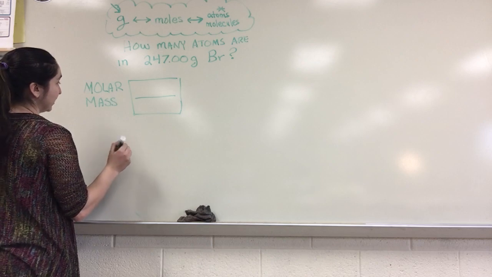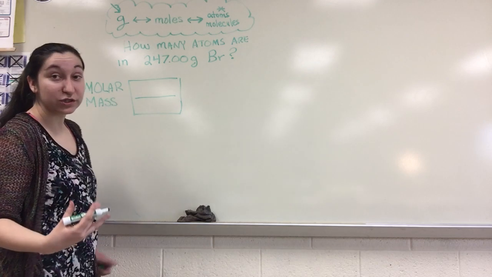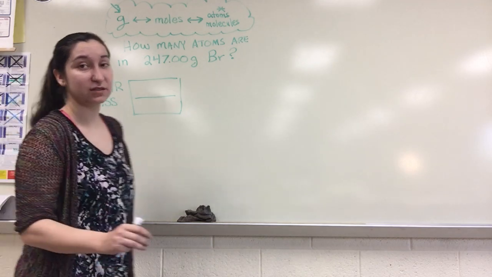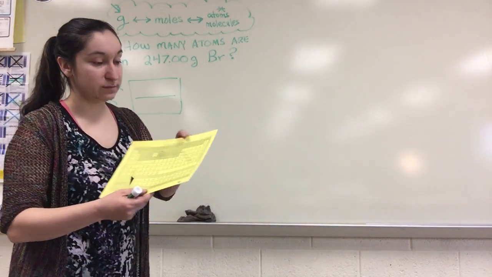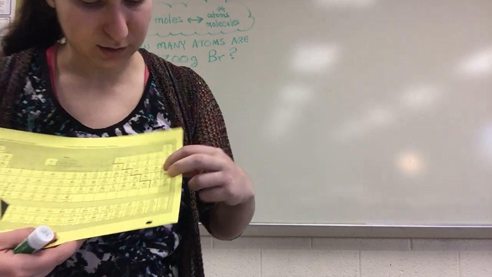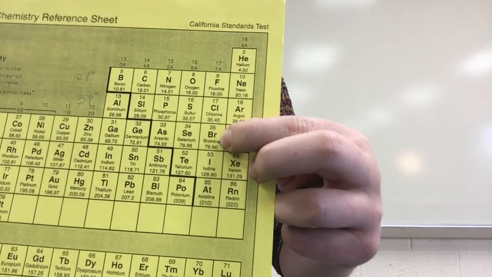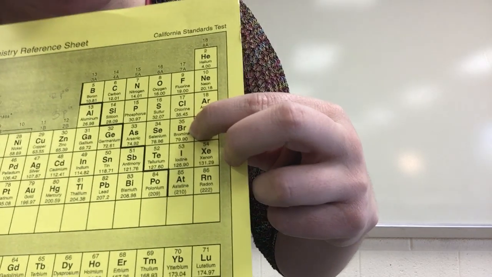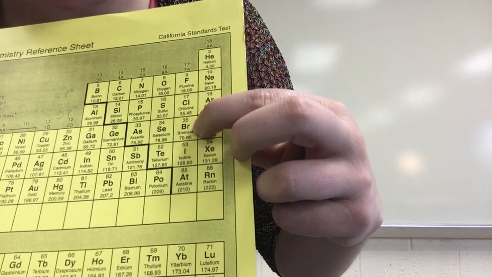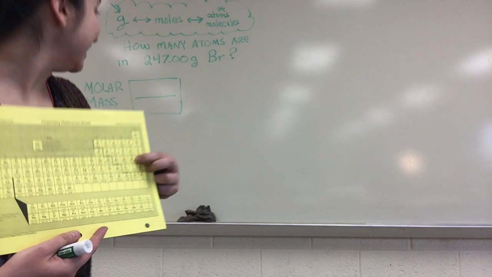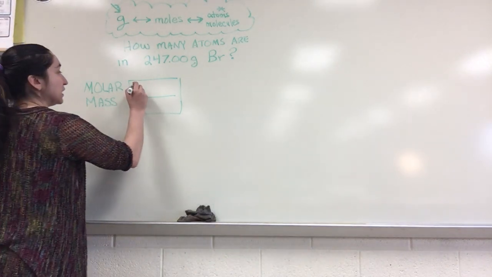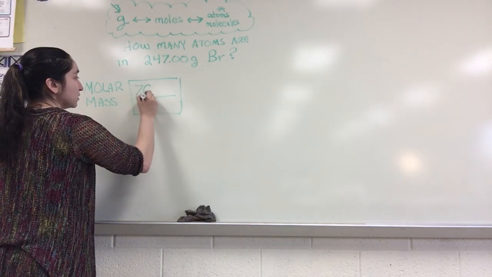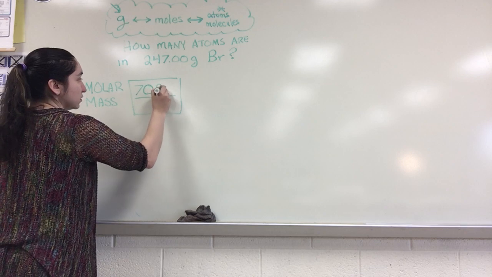So I've got to calculate molar mass. Fortunately, because it's an atom, I'm just going to grab this wonderful periodic table. Bromine is right here. It's number 35, and I don't know if you can see that, but it says 79.90. That 79.90 is actually grams.